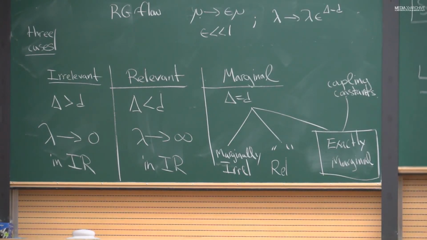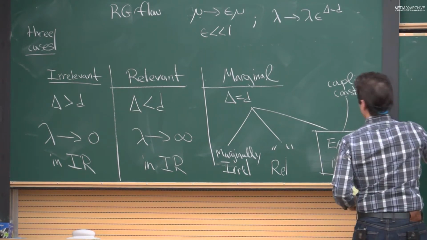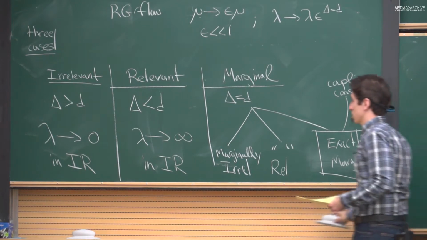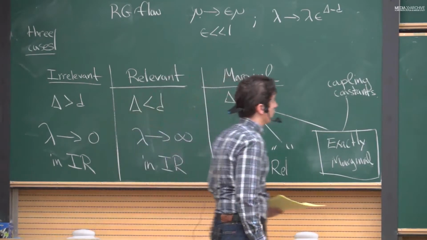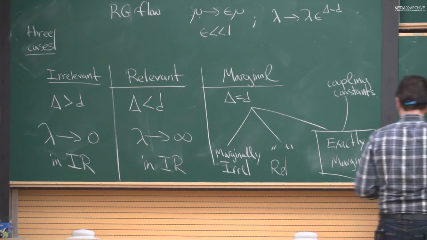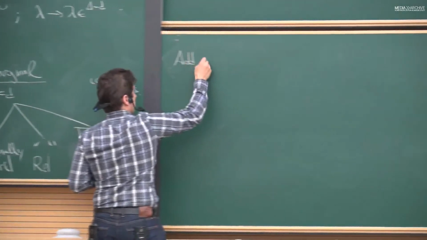Now, if you don't give your theory any more structure, then you can't say much more than what I've put on the board here. But if you give your theory some supersymmetry, and you ask that your RG flow preserve that supersymmetry, then you can say a lot. So let's add supersymmetry.